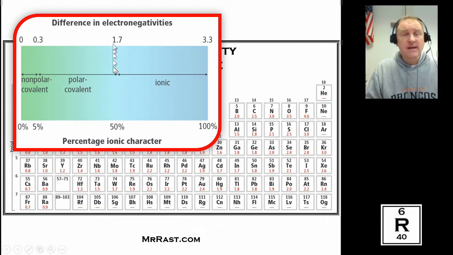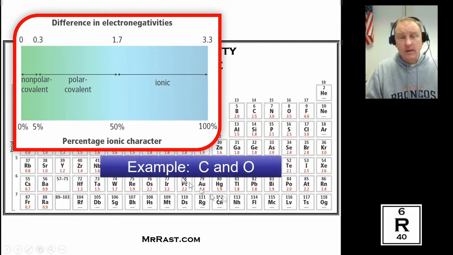If the difference is less than 1.7, then it would be a covalent bond. To be considered a nonpolar covalent bond, the difference would have to be less than 0.3. So below 0.3 is nonpolar, up to 1.7 would be polar, and above 1.7 would be ionic.